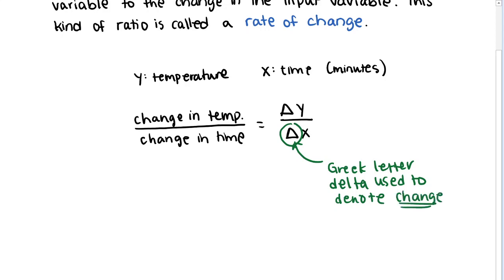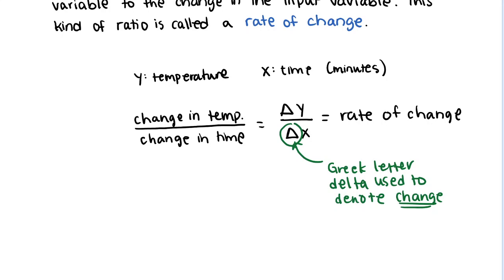So this is another way we might concisely write change in y divided by change in x. And this is what we typically think of when we talk about rate of change: the change in the output divided by the change in the input, delta y divided by delta x.